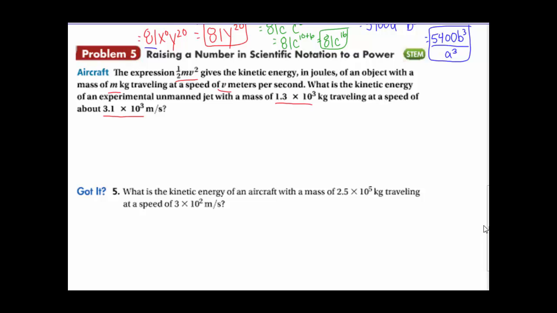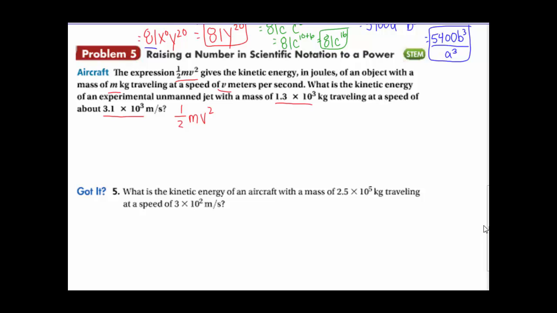If you notice, as I read through those, I like to highlight all the important information that I'll be able to use when plugging all this in. So I know my expression for the kinetic energy is 1/2 mv squared, where the mass was m and the speed was v.